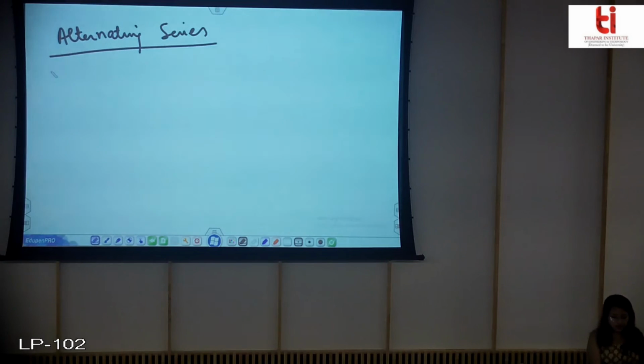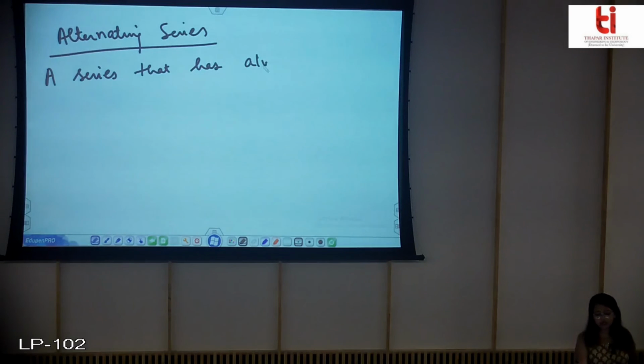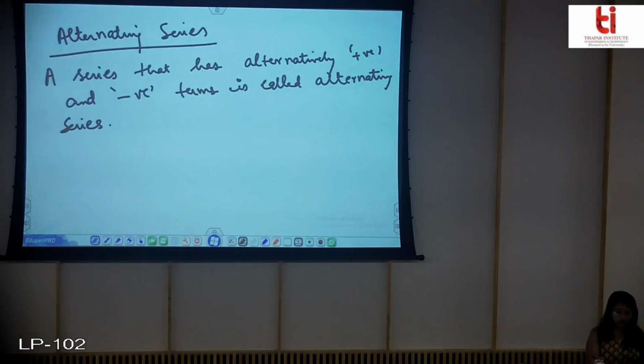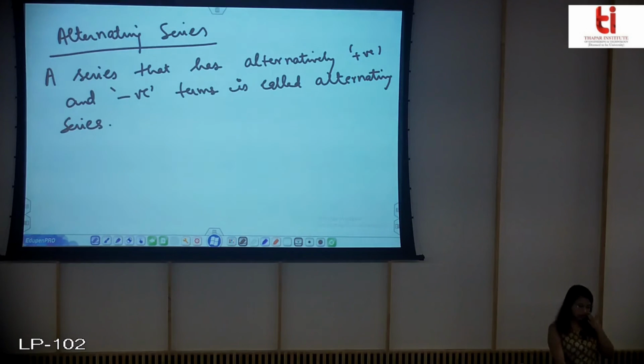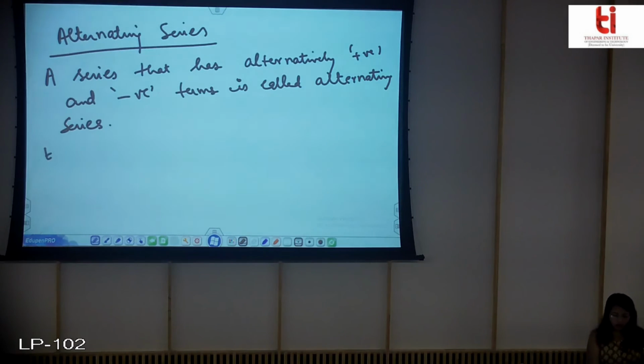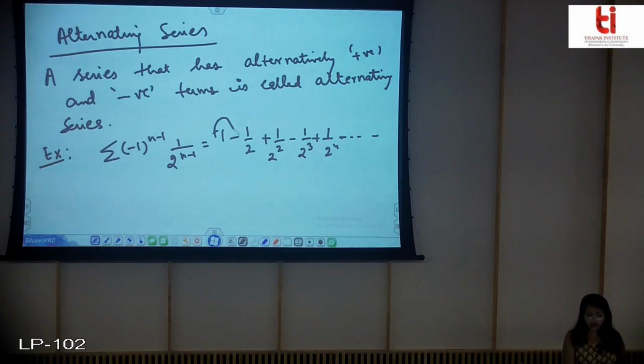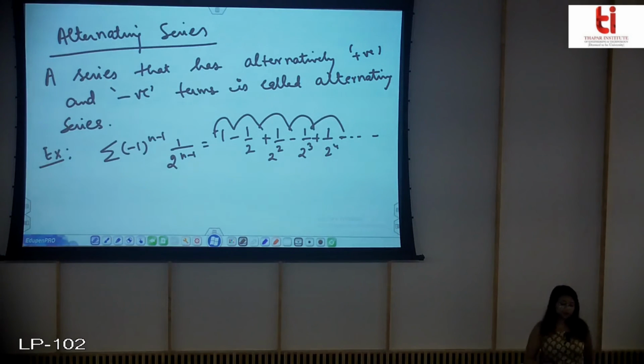A series that has alternatively positive and negative terms is called an alternating series. For example, suppose that you have this series. Now you can easily see that you have a positive sign, then negative, then positive, then negative, and so on.